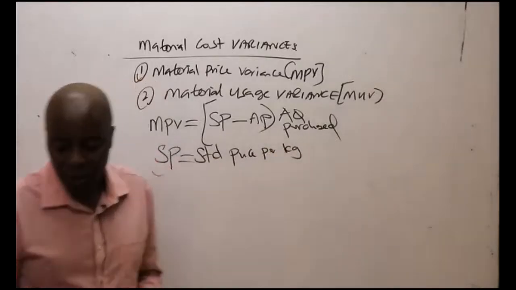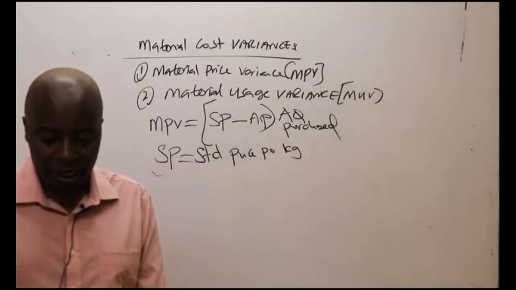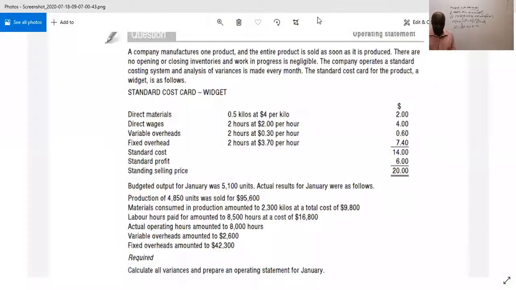So if you look at the question that is pinned there, ladies and gentlemen, you will be able to see the standard cost card for producing a widget. Immediately after the first paragraph, we are told that the company operates a standard costing system and analysis of variances is made every month.